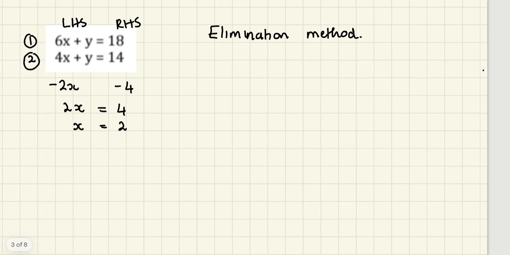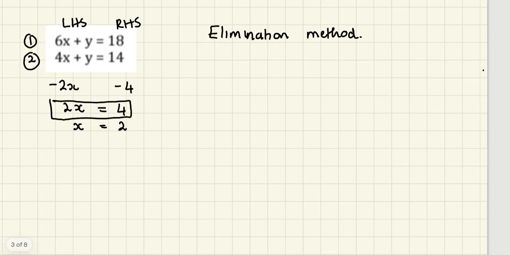So what have I eliminated here? Well, what I've eliminated is the need to think about the y. By saying, I've gone from this set of information down to 2x must have equaled 4. That gives me an equation that only includes the x.